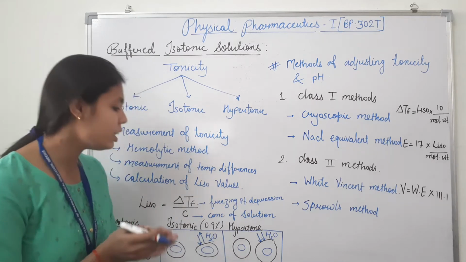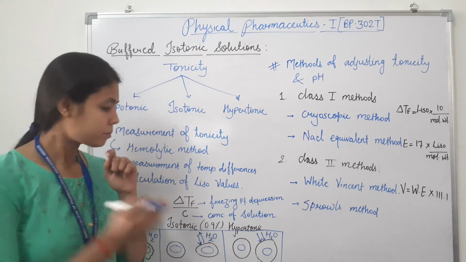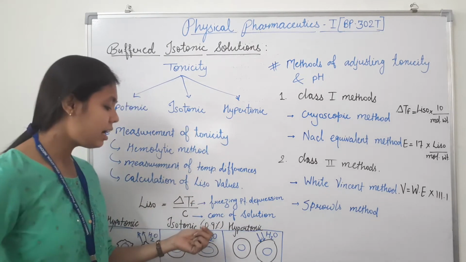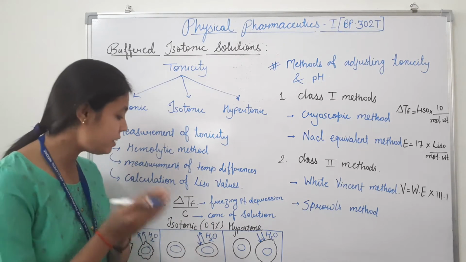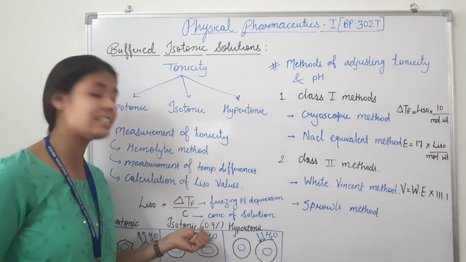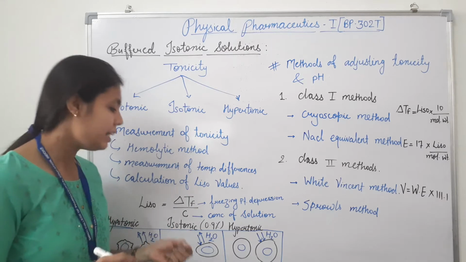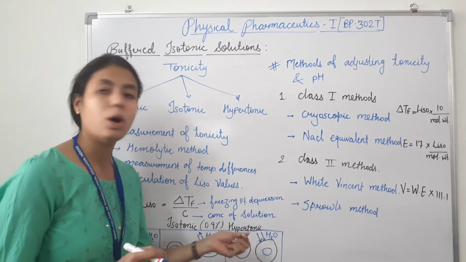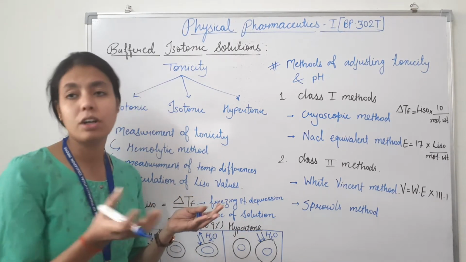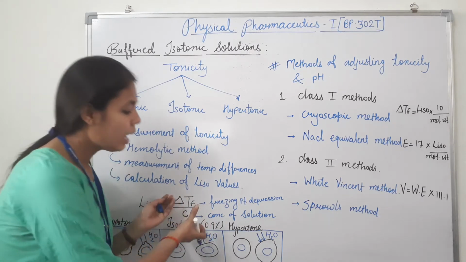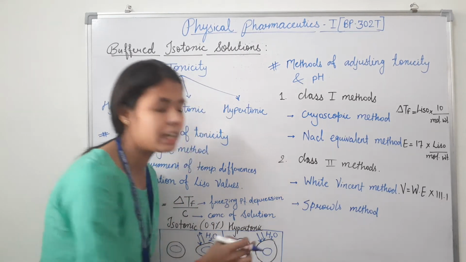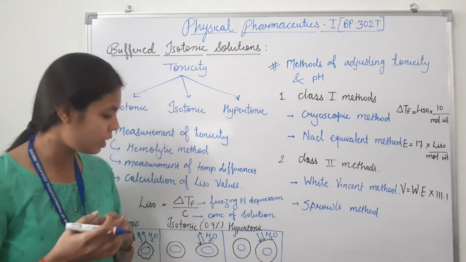Now in hypotonic solution, whenever we take a concentration less than 0.9%, the water from outside the cell comes inside the cell to maintain the osmotic pressure.